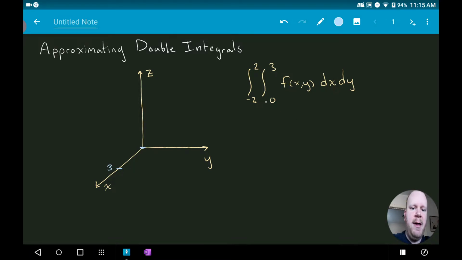And then our y value is going to be in between -2 and 2. So that's 3, and then y is going to be in between -2 out here and 2. So our region that we're going to be integrating over looks something like this.